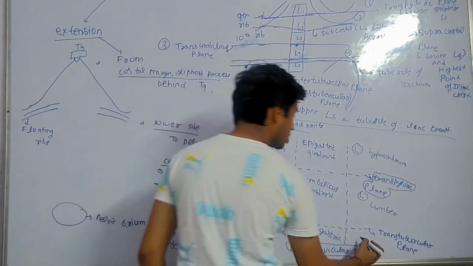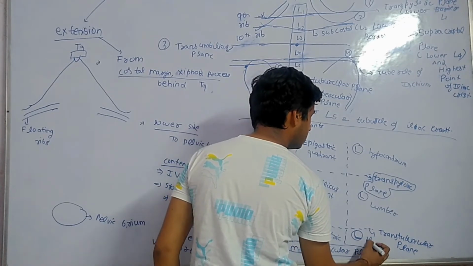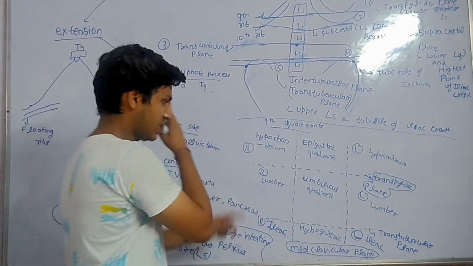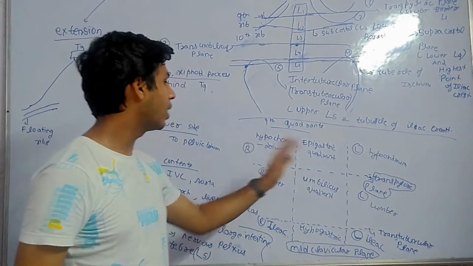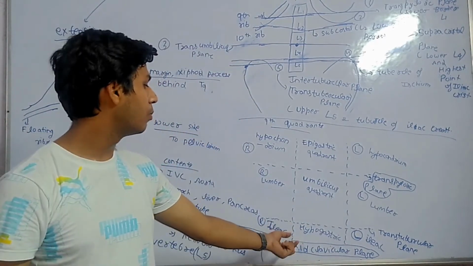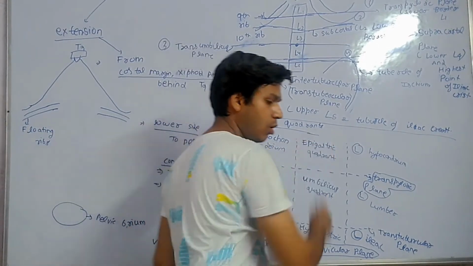And this is called left iliac quadrant. So these are the 9 quadrants. Above, hypochondrium and epigastrium, then umbilicus and lumbar, right and left, and below, right and left iliac, and at the center below is hypogastric. So these are the 9 quadrants of the abdomen.